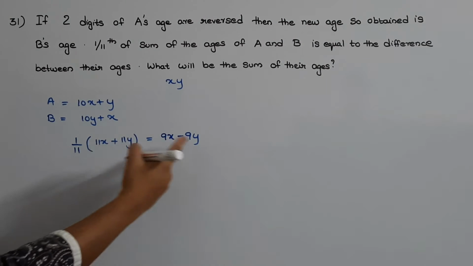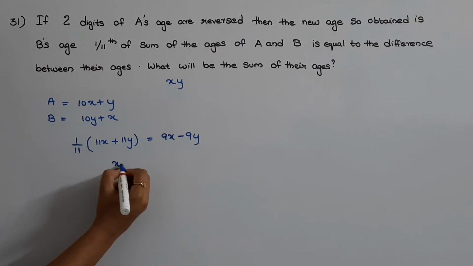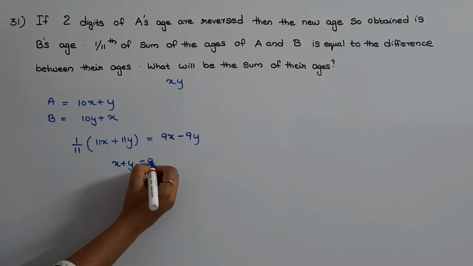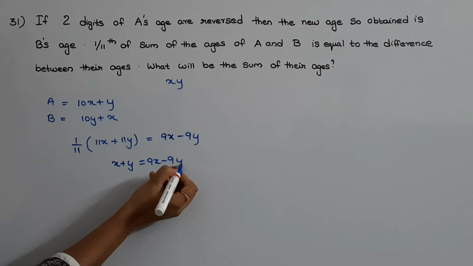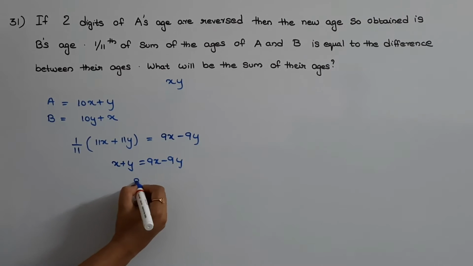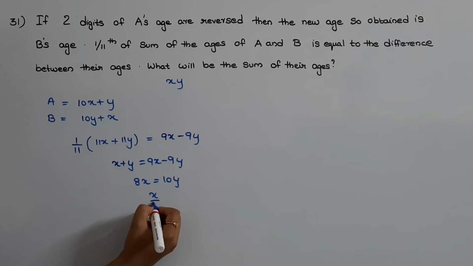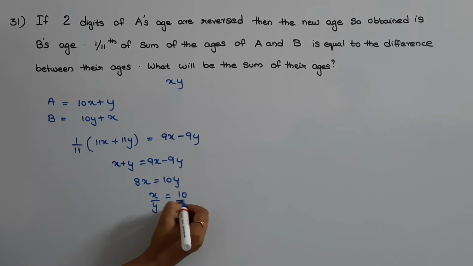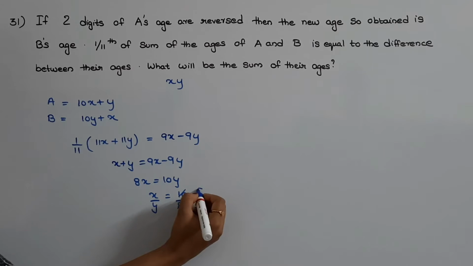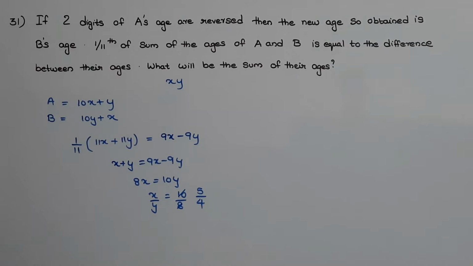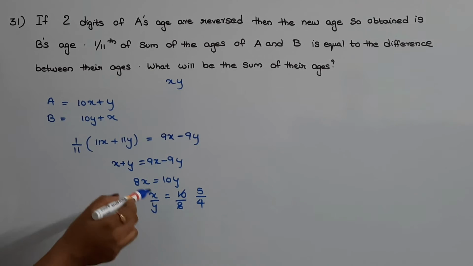Okay. Now on solving this we will get it as x plus y is equal to 9x minus 9y, or we can write this as 8x is equal to 10y, or x by y is equal to 10 by 8, that is equal to 5 by 4. Okay. So this is the ratio of x and y.